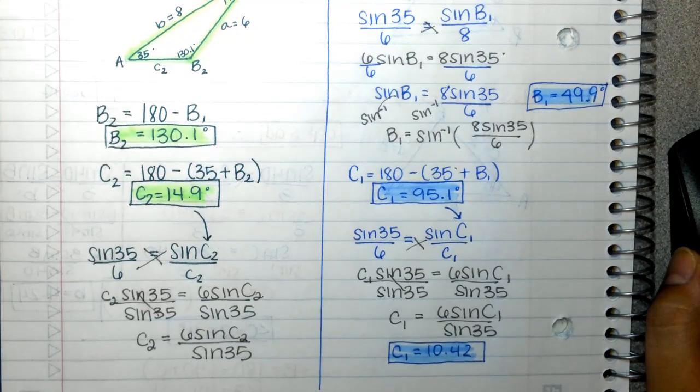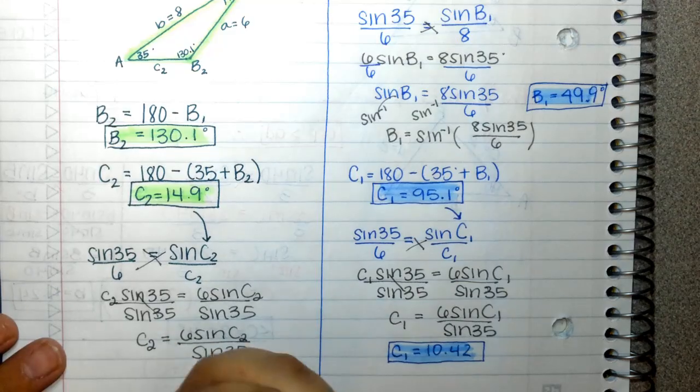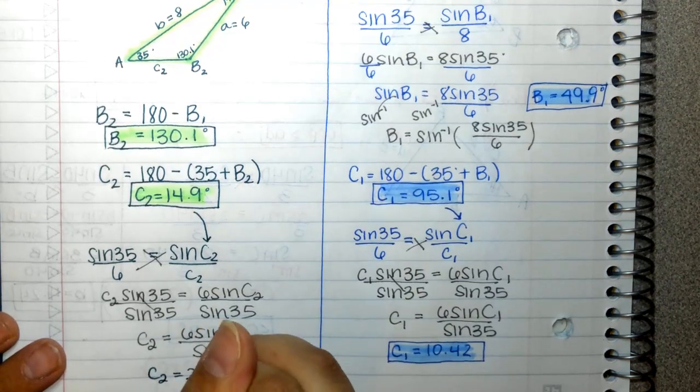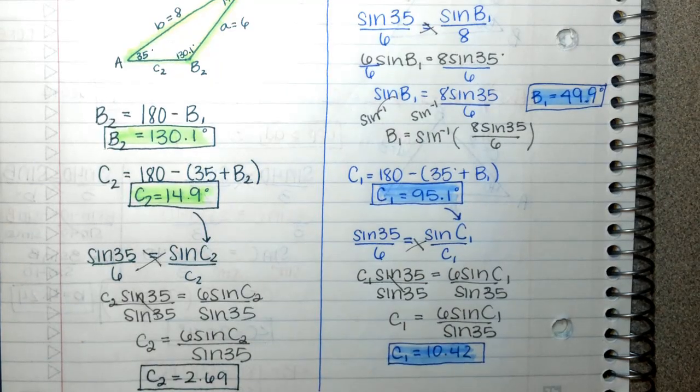And put that in your calculator. And we get 2.69 as our answer. And we have now found all the information for both triangles.